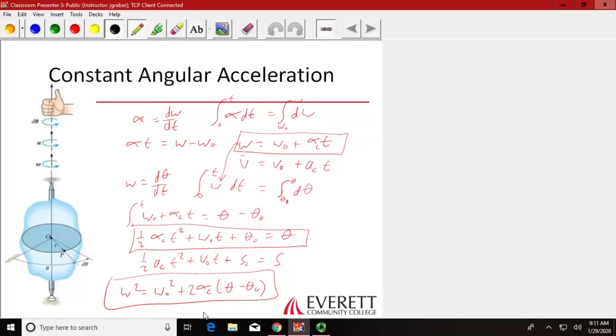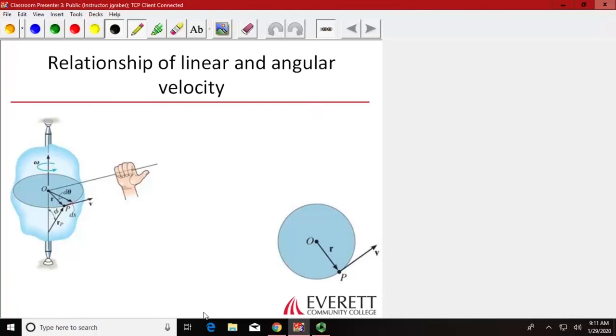However, there's also a relationship between linear and angular velocity. To figure out this relationship, we are going to use a little trick that we've already used 2 or 3 times in this class. Hopefully you all watched it on the videos I posted, but let's talk about it real quick here. That trick is arc length.